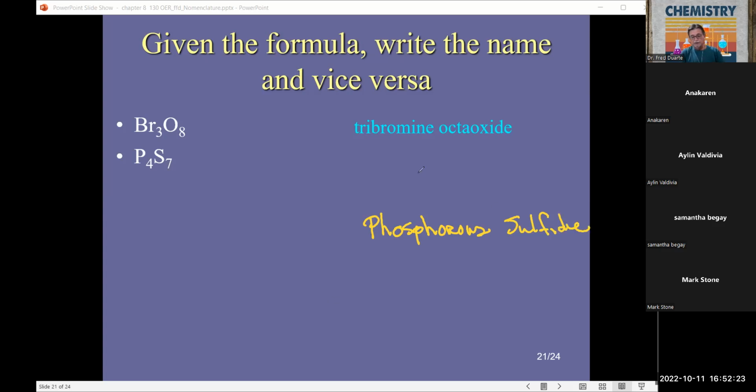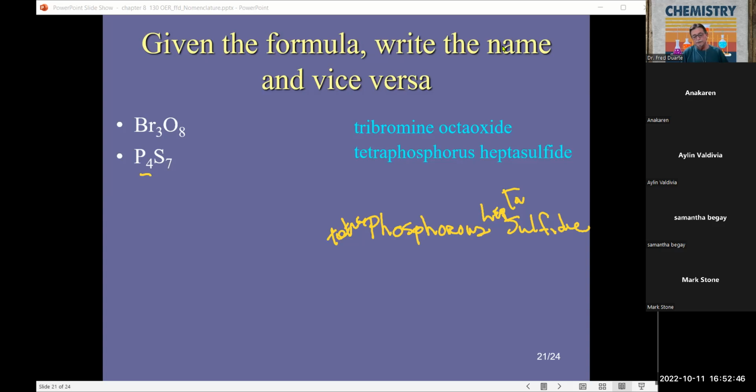Okay, so that's our base name. And then we add in the prefix, we got 4, so it's tetraphosphorus and then heptasulfide. Okay. Its name is tetraphosphorus heptasulfide.